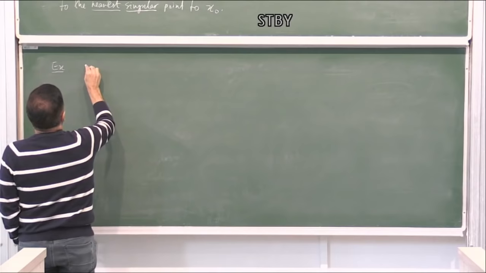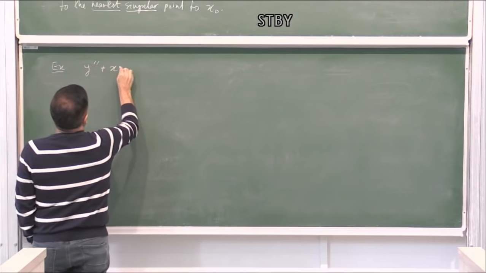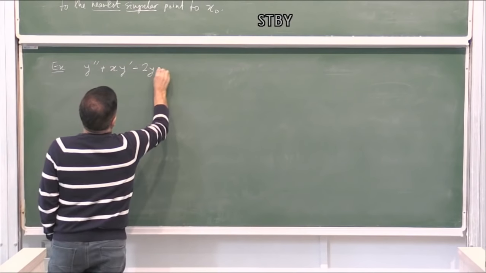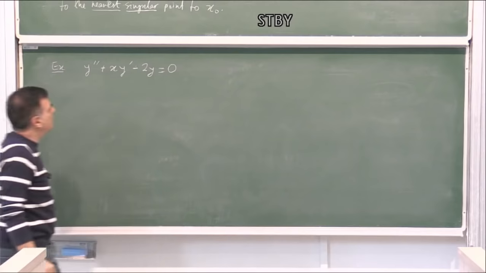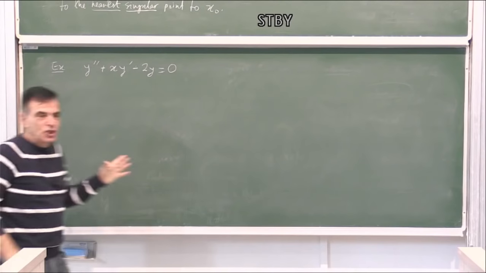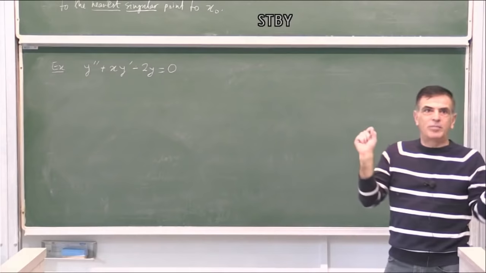Let's say y double prime plus x y prime minus 2y is 0. Okay? So this is an equation with variable coefficients. There is no general procedure to find the two linearly independent solutions.